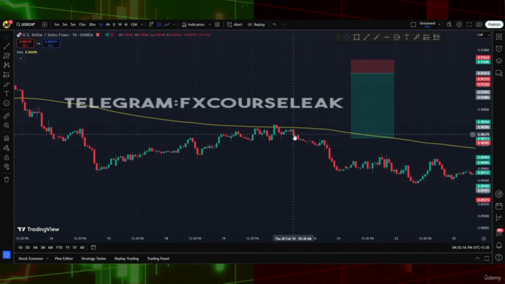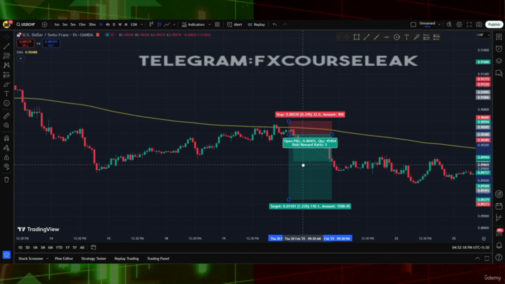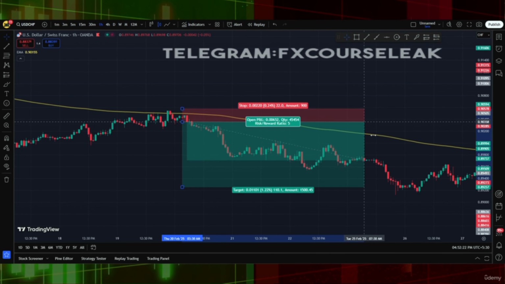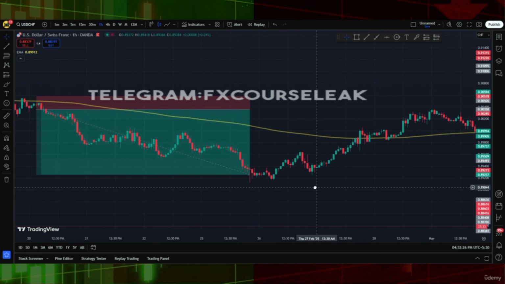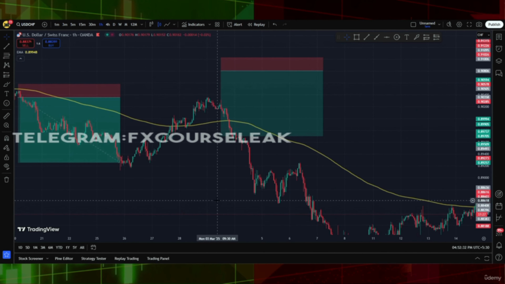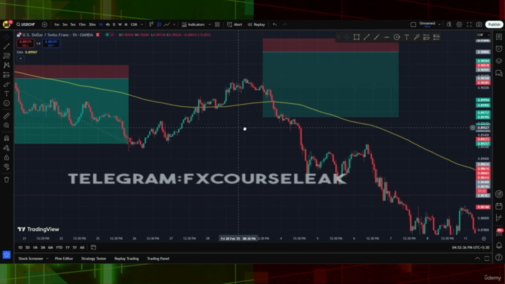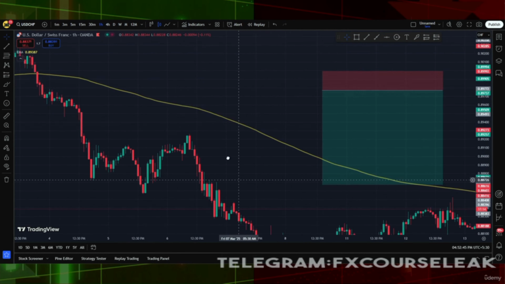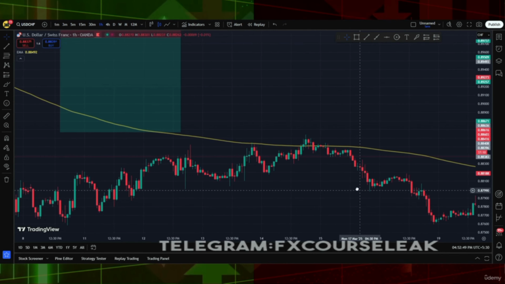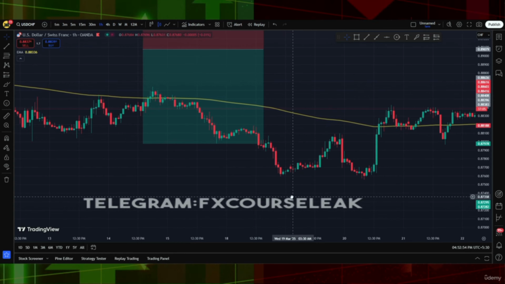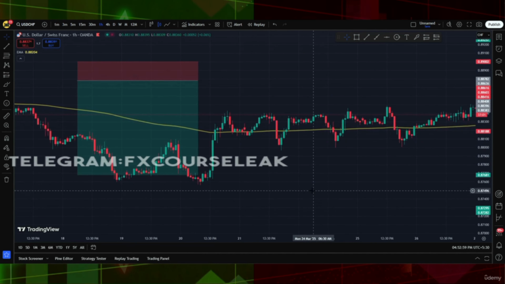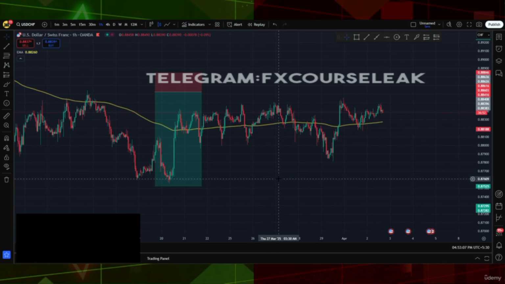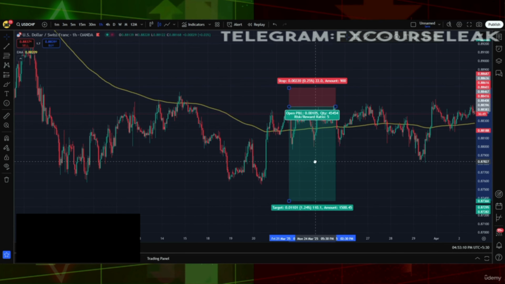Here there's another engulfing candlestick, so we take the trade on this one. And now, while trying to find more opportunities, we actually ran out of the chart.